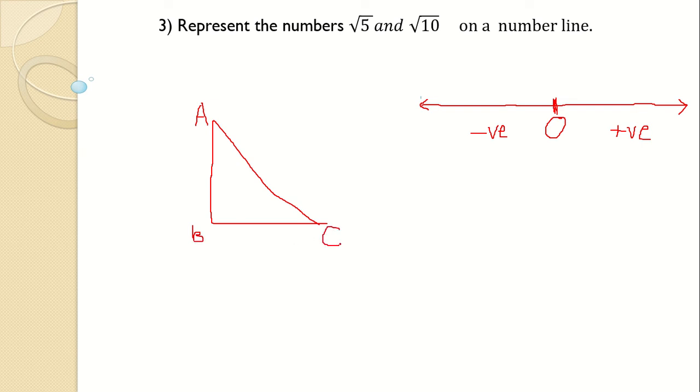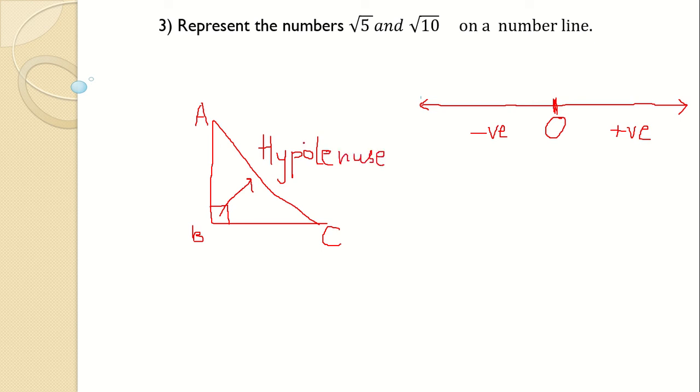When does a triangle become a right angle triangle? It has to have one angle as 90 degrees. Now this is the 90 degree angle. The side opposite to the 90 degree angle is called the hypotenuse.